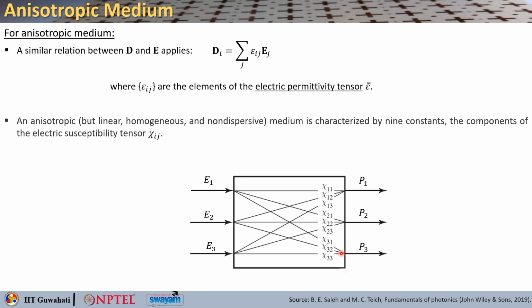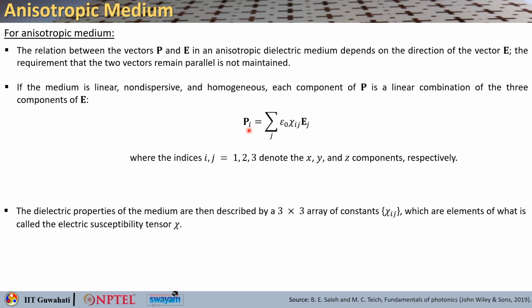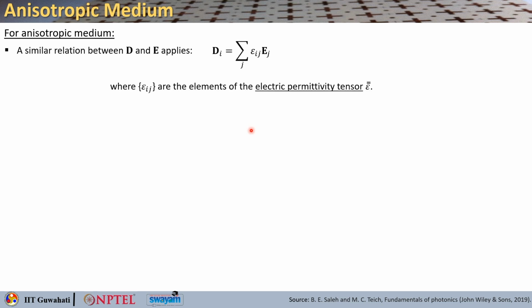So if you go back to the previous equation, you will see that P_i equals sigma over j of epsilon naught chi_ij E_j. So all three components of the electric field will give you each component of polarization.